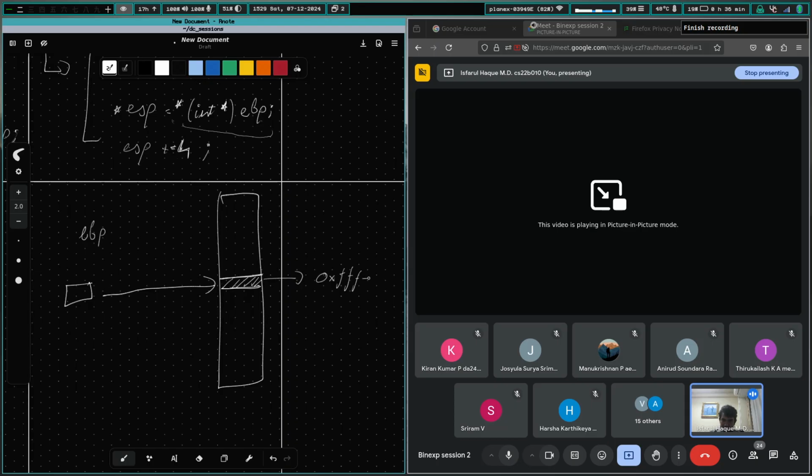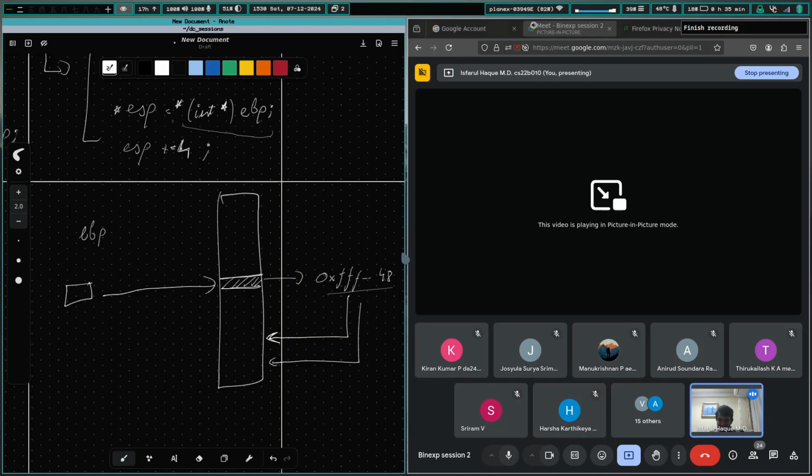My question is, what is stopping you from taking this value as another index? Okay, fine. So, for all practical purposes, it could be pointing here or here or whatever the value is inside.